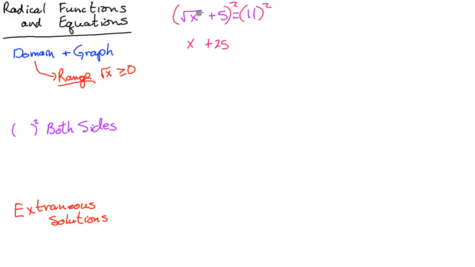Yeah, that plus sign means you have to super distribute when you square both sides. You would have to do square root of x plus 5 times square root of x plus 5. And you get x plus 5 square root of x plus 5 square root of x plus 25 equals 121.